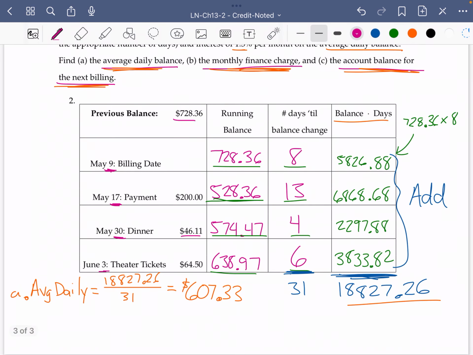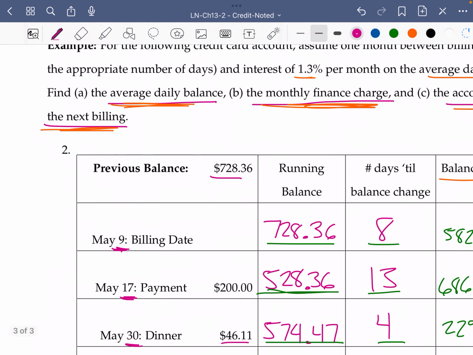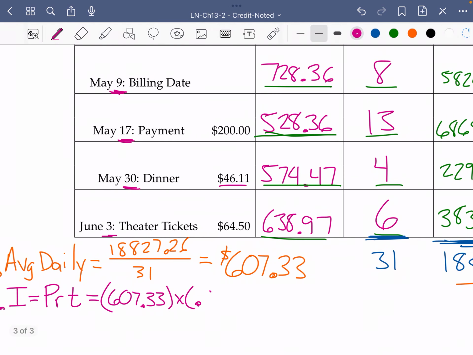And so, to find that amount of interest, we're just going to use our simple interest formula. Interest equals principal times rate times time. The principal is going to be the average daily balance, the $607.33. Our rate is 1.3%, so 0.013.